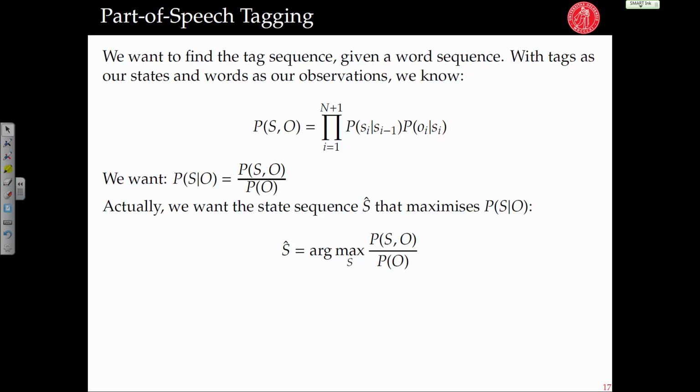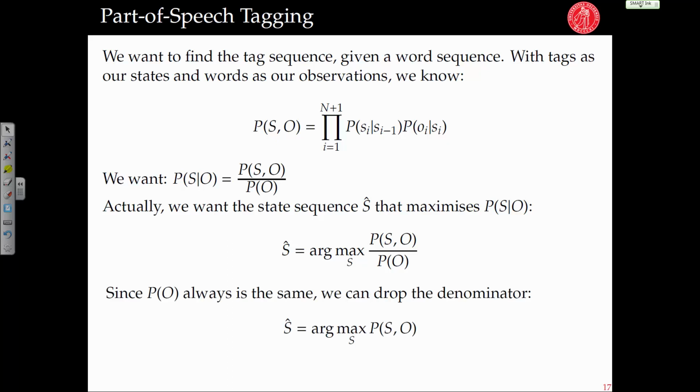And we see that throughout the search, plugging in the different S's, P of O is not changing. It's the same. So for any S, P of O is constant. Throughout the search, we are dividing by the same number all the time, right? So we can drop P of O because the relative order will be the same.